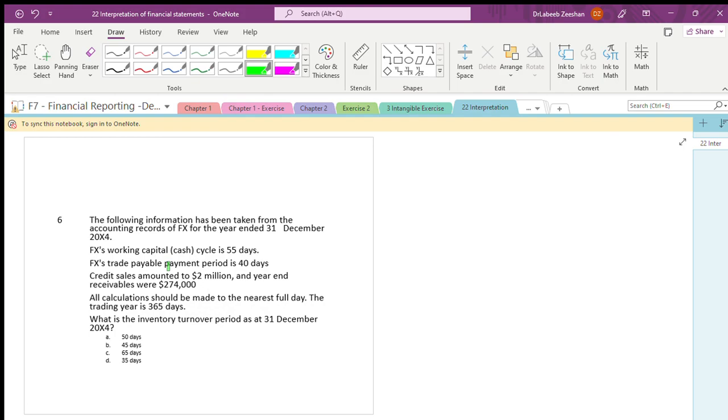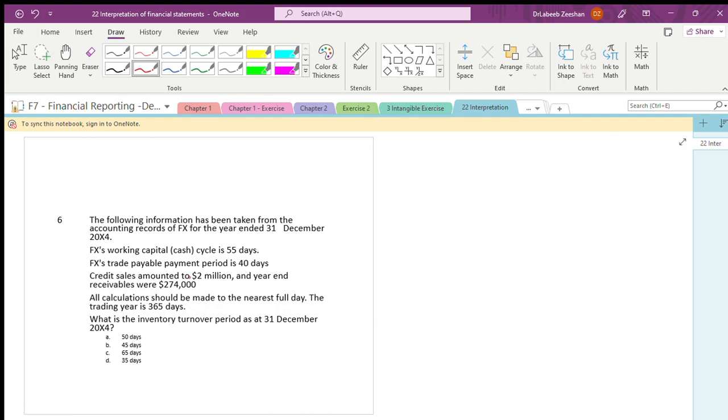The following information has been taken from the accounting records of Excel for the year ended 31st December 2004. Fine. Now, the working capital cycle is how much? 55. The payable payment period is 40 days.